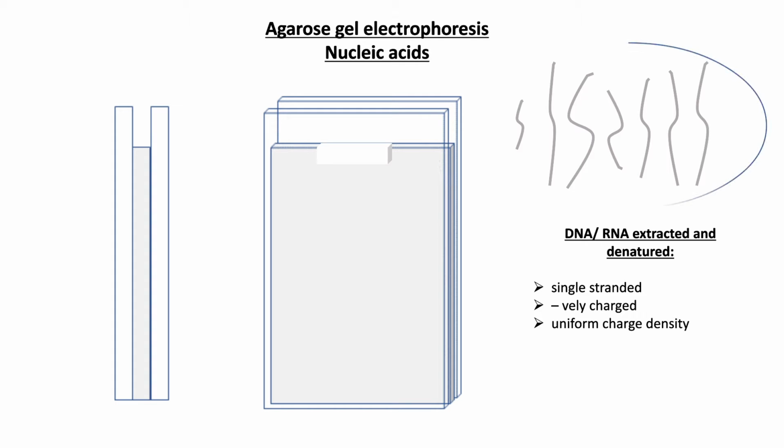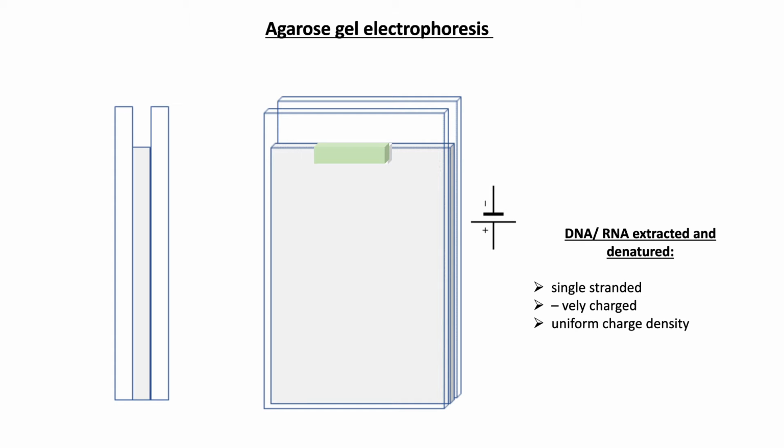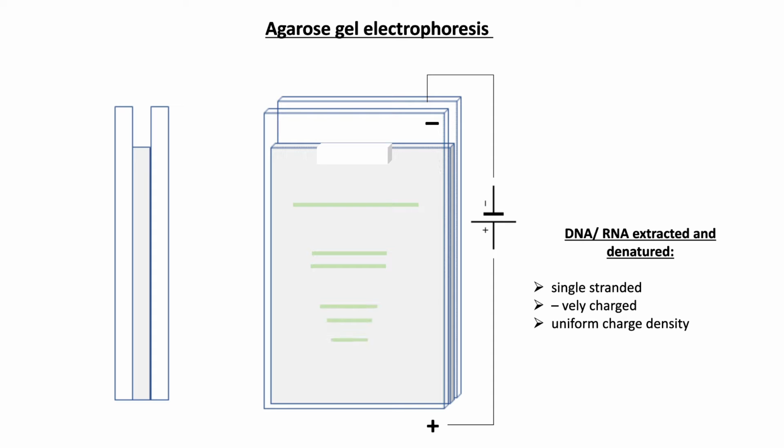So all these fragments of DNA or RNA, let us take for example DNA. All these DNA fragments, they are negatively charged, they are all single stranded and they have a uniform charge density. So when these fragments are subjected to electrophoresis on agarose gel, all of them will move towards the anode because they are all negatively charged, and they will move towards the anode depending on their size.